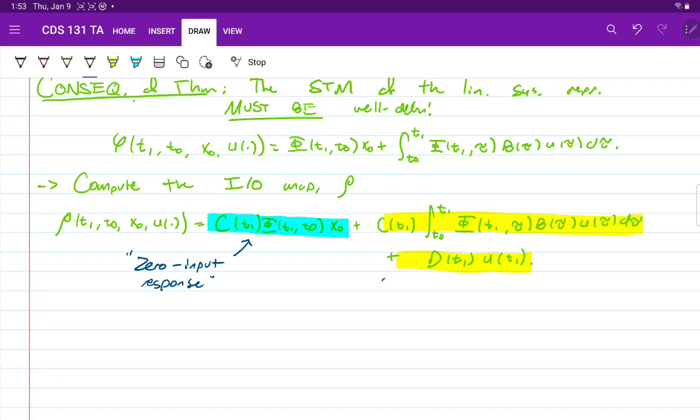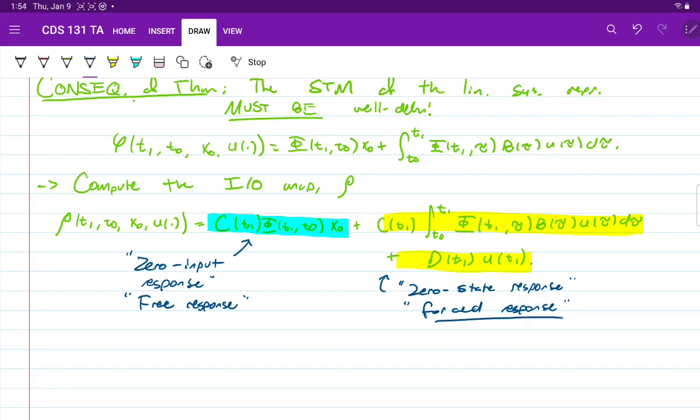And the second term doesn't rely at all on the initial condition. It only relies on the input. So this is called the zero state response. Notice this is also sometimes referred to as the free response, and this as the forced response. So that's a nice consequence of this particular structure of solution.